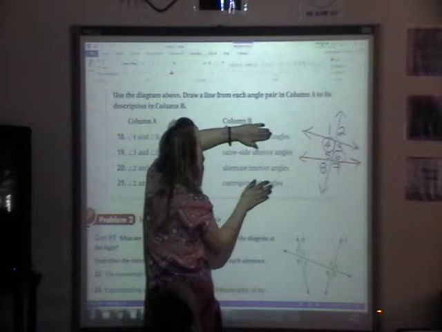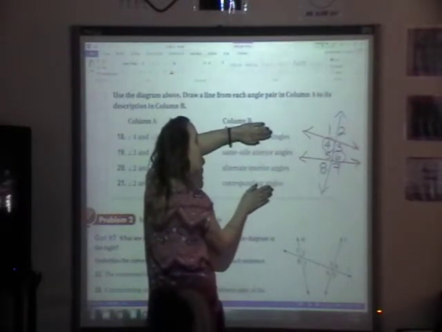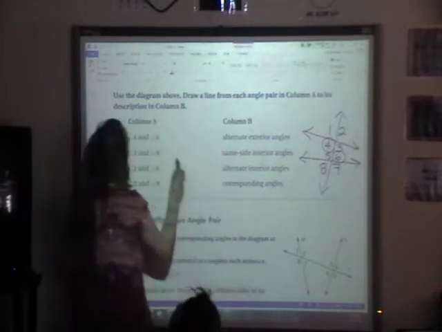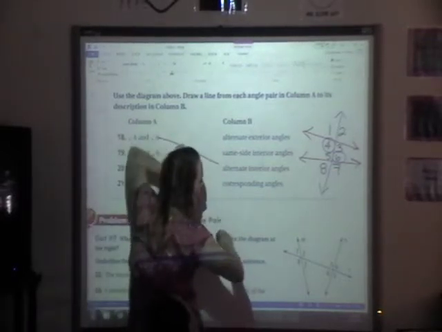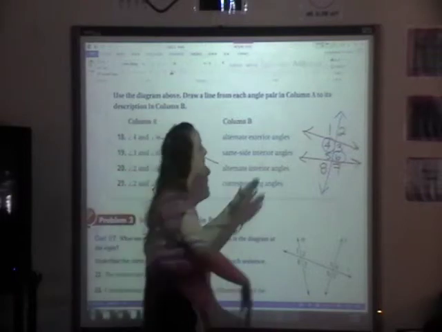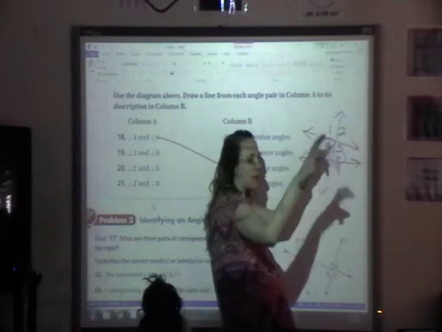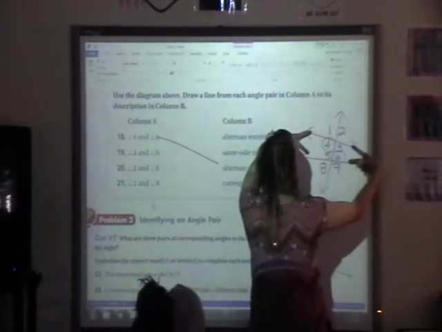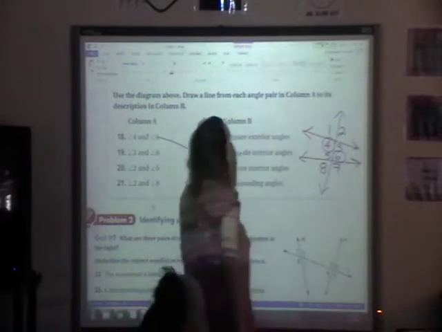Now we need to figure out, are they on the same side of the transversal or opposite? They're alternate, they're opposites. So they are alternate interior. Does transversal mean like a line? Yep, transversal means it's a line coming down the middle of the somewhat same direction lines. Alright, got it.